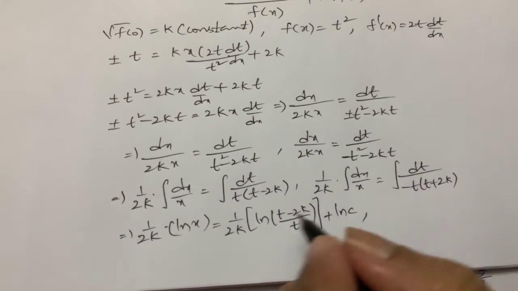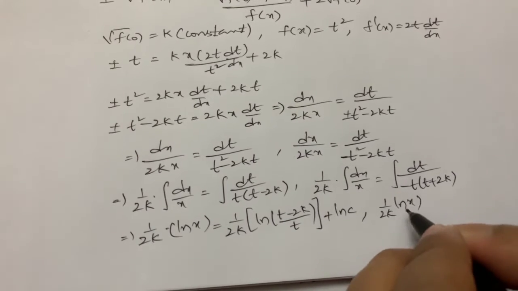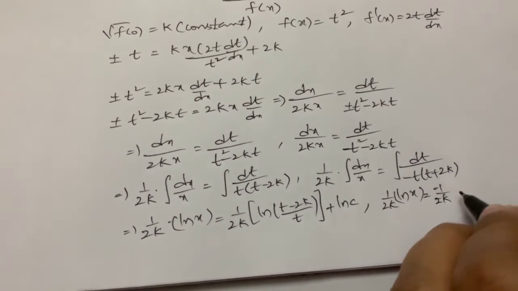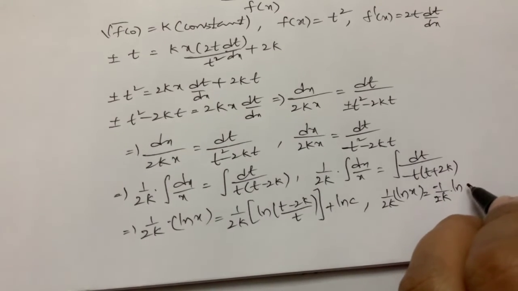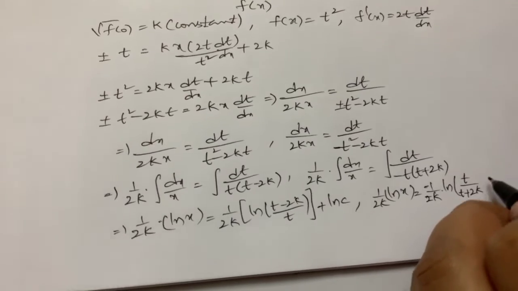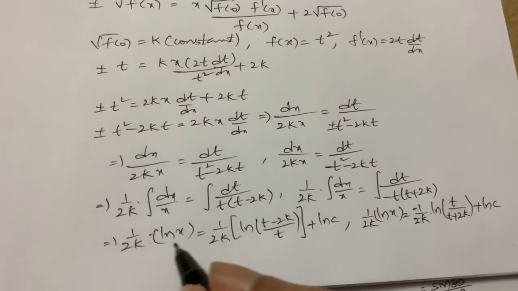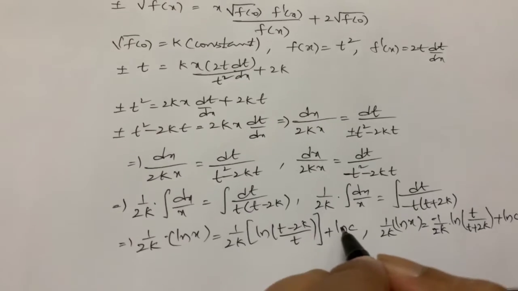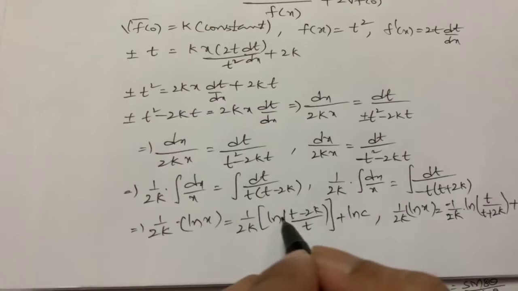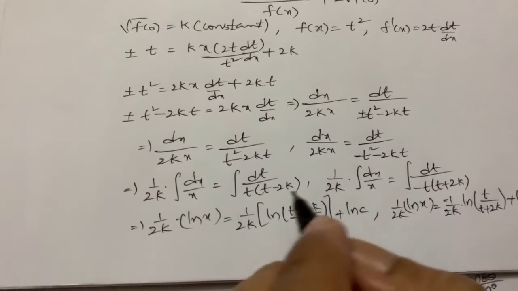This is the first one. For the second one, 1/2k ln x = −1/2k ln(t/(t + 2k)) + ln c. We can cancel 2k. Since ln a + ln b = ln ab, this whole thing is some constant.